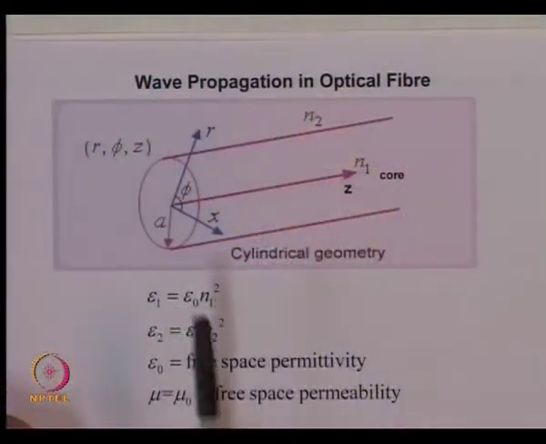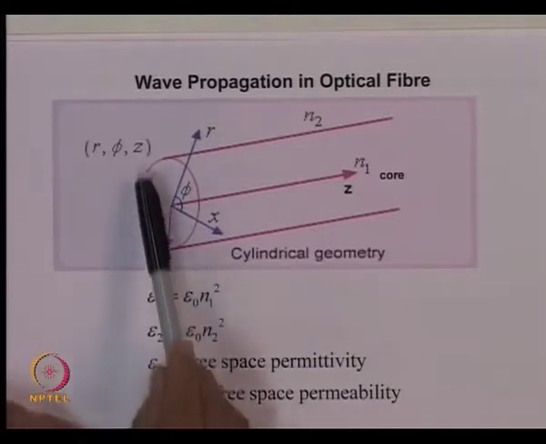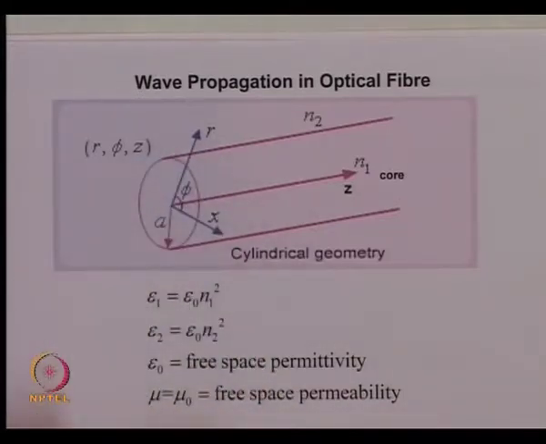Before we do that, first we have to choose the coordinate system which is appropriate for investigating propagation of electromagnetic wave inside the fiber. And since the fiber is a cylindrical rod, essentially we choose the cylindrical coordinate system to investigate this problem.